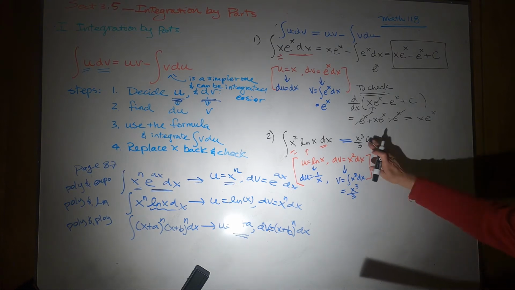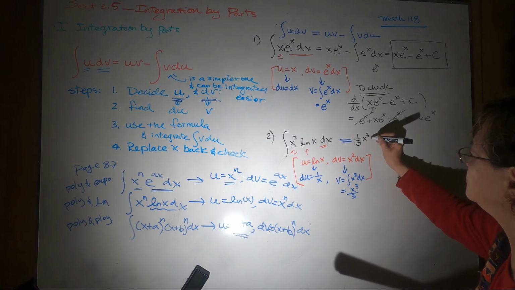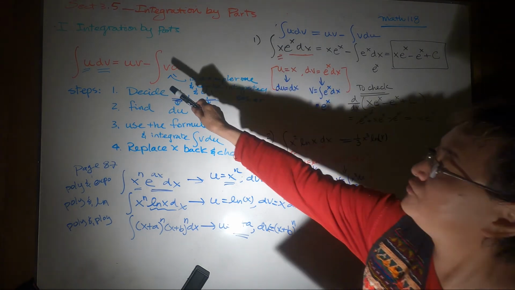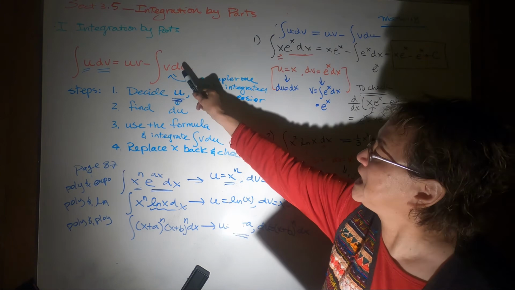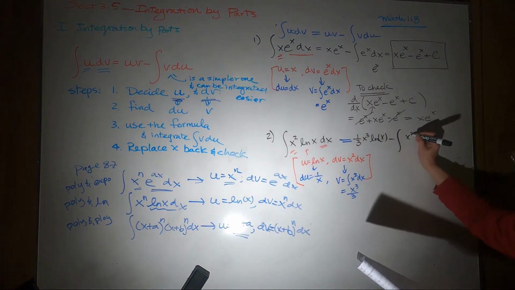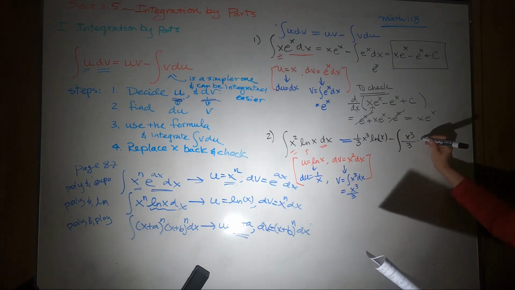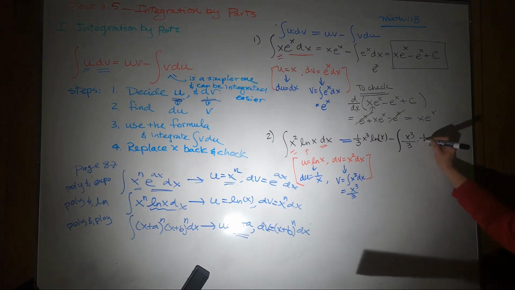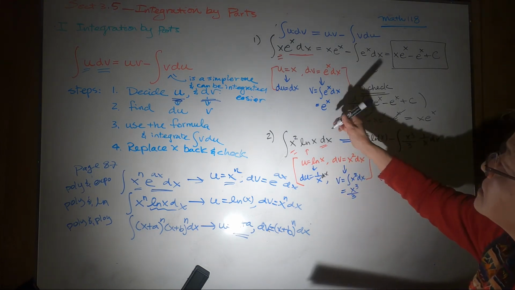Probably I write it this way: 1/3 x cubed natural log x. That's uv. Minus the integral of v du. v is this guy, v times du. du is what? 1 over x dx.